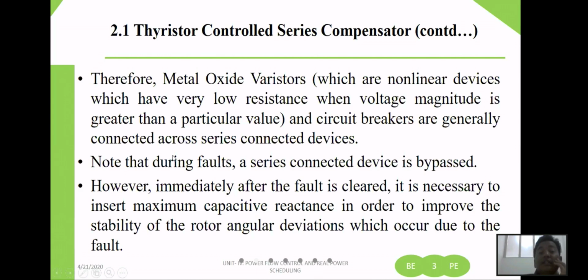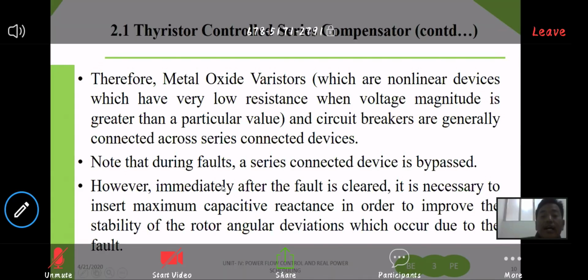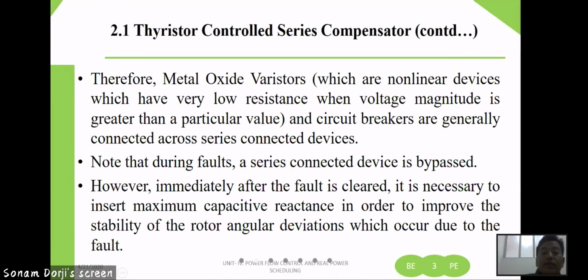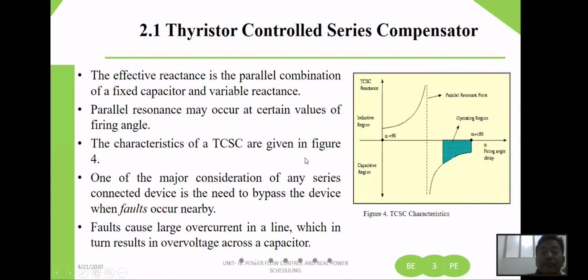Okay, so this is something about the thyristor control series compensator. Here I'm not explaining the working principle of the thyristor control series compensator, because I've seen you are learning waveforms and all that in power electronics applications. So here I just want to see how to control the maximum power flow using the TCSC.